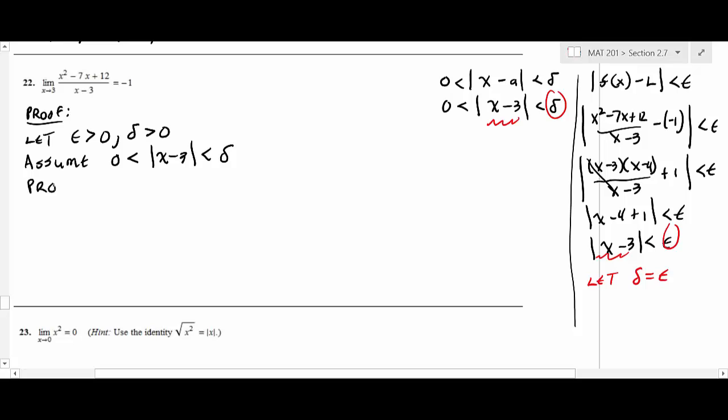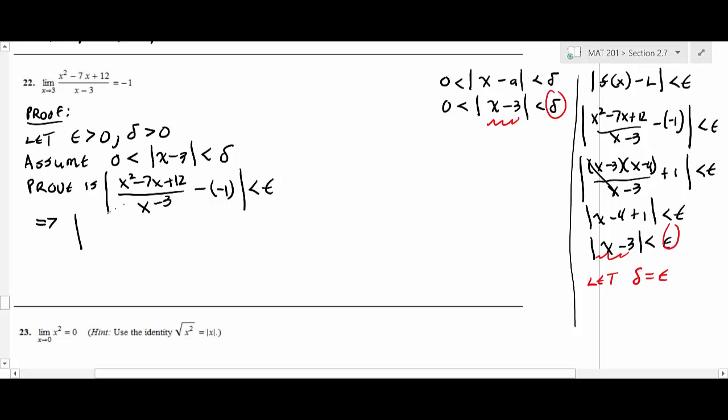And what we're going to try to prove ultimately is that the function (x squared minus 7x plus 12) over (x minus 3) minus negative 1 is less than epsilon. So we just write out the steps like this.